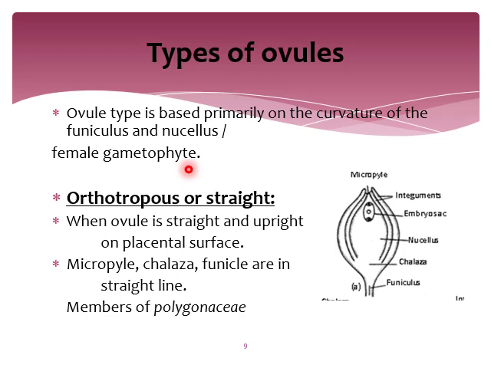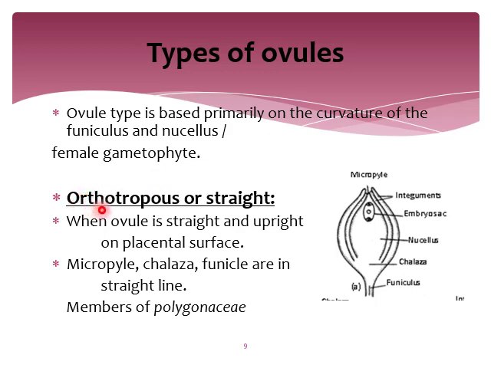It is based on the degree of the curvature of the funicle. On this basis, we have 4 to 5 different types of ovules.